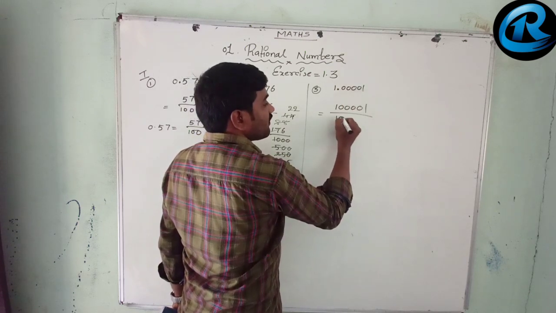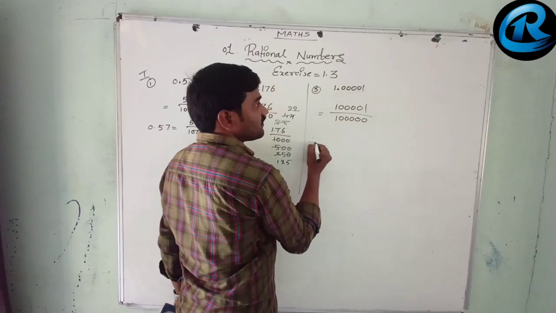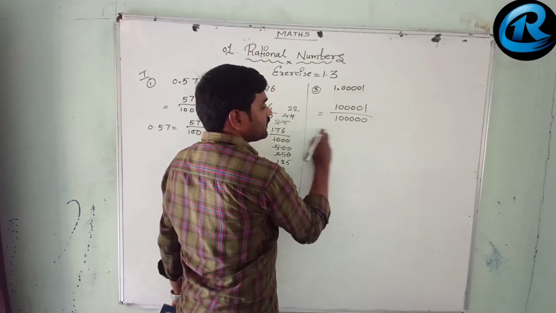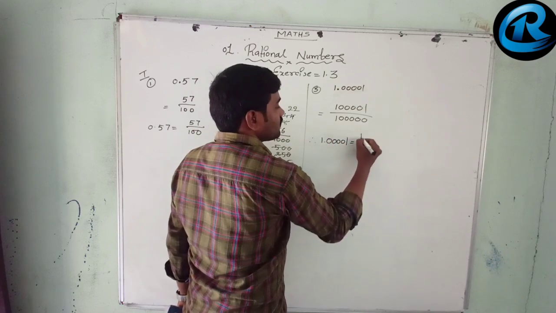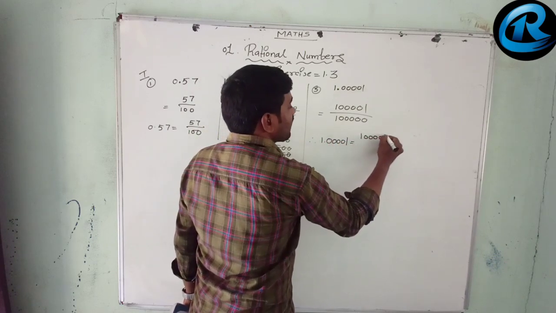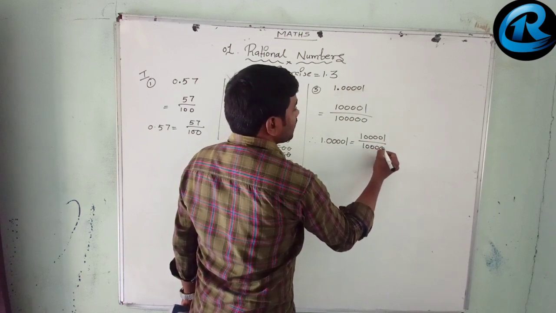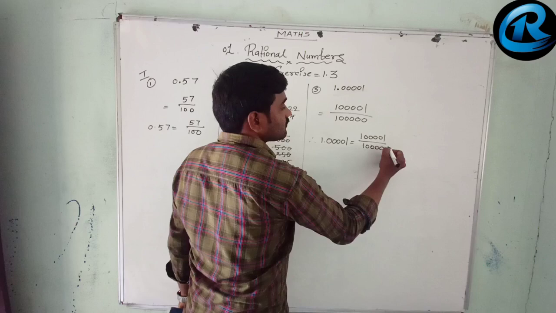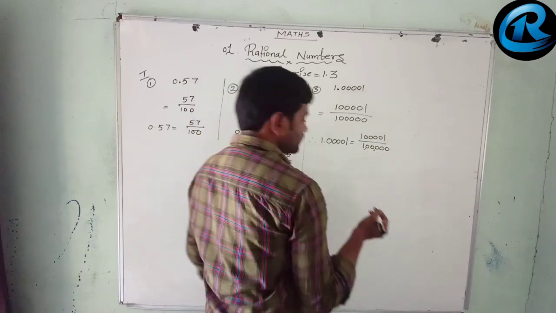So you put 5 zeros. Finish, this is the answer now. 1.00001 equals 1 lakh 1 by 1 lakh. Okay, this will be the answer, children.